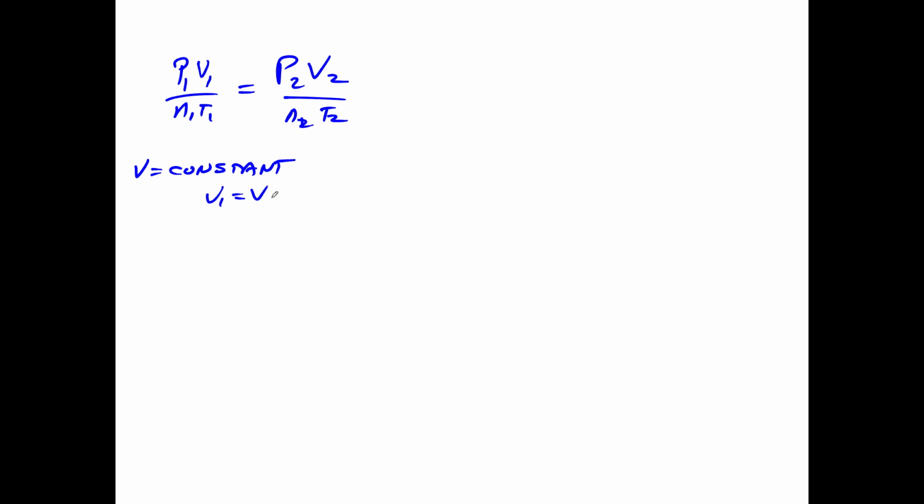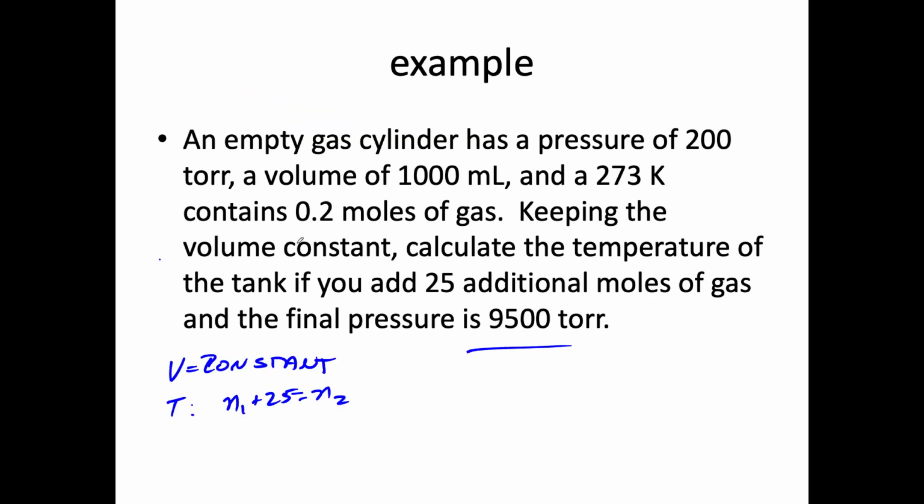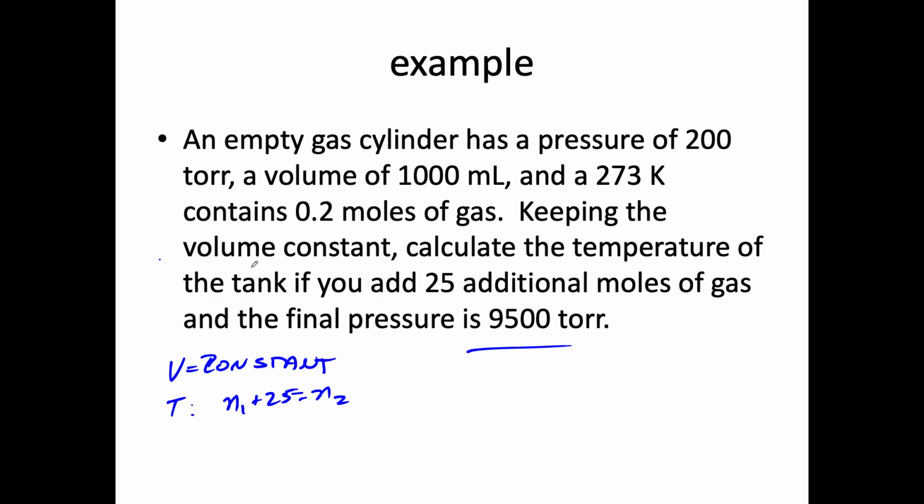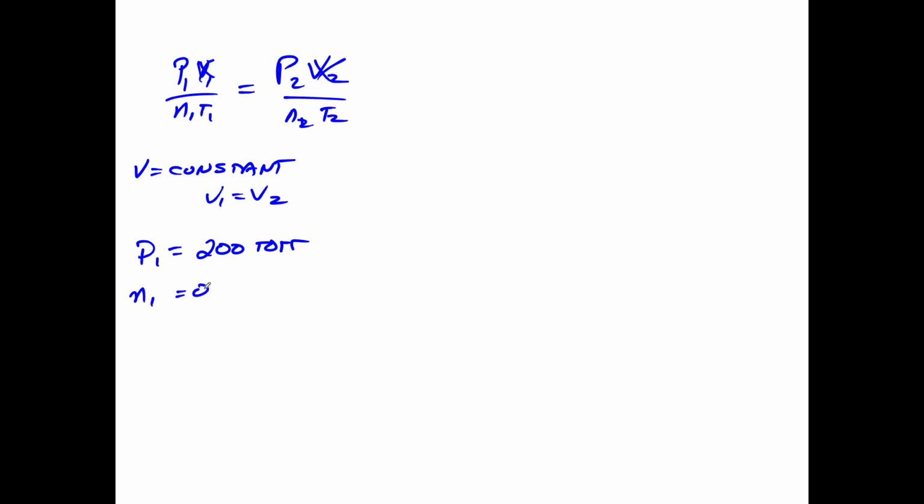So P1 V1 over n1 T1 is equal to P2 V2 over n2 T2. You know volume is constant, meaning that V1 is equal to V2. So this goes away. P1 is, go back here, 200 torr. Hopefully pressure is going to remain in torr. Let's take a look. Yep. We got n1 is 0.2 moles.